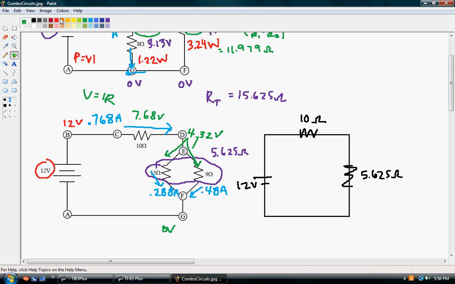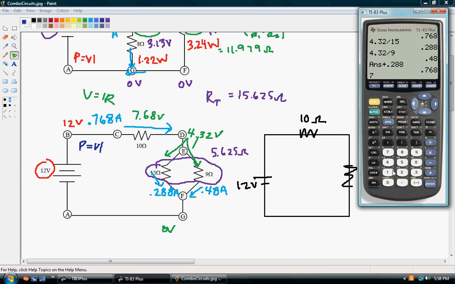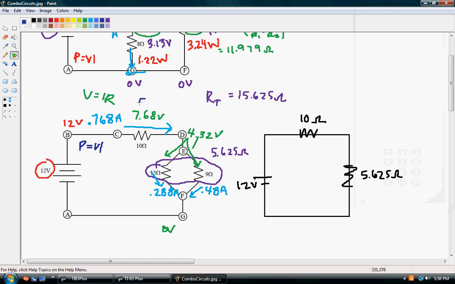To find the power, we could take the voltage and multiply it by the current. So for the 10 ohm resistor, it has 7.68 volts that it used, and 0.768 for its current, so it uses 5.9 watts.